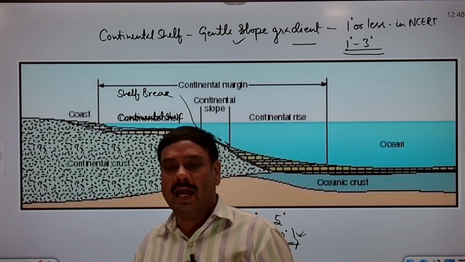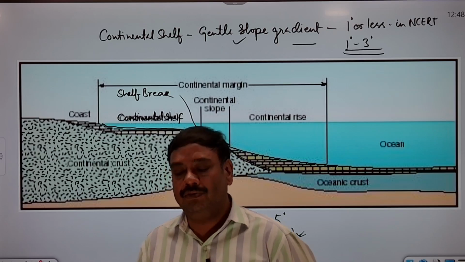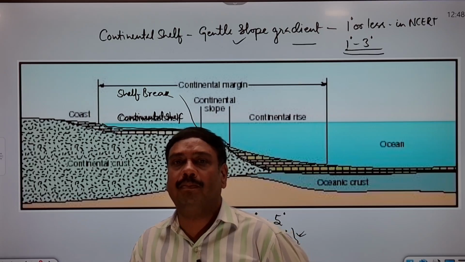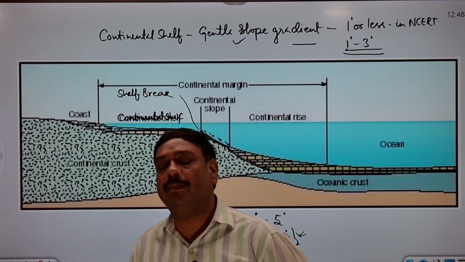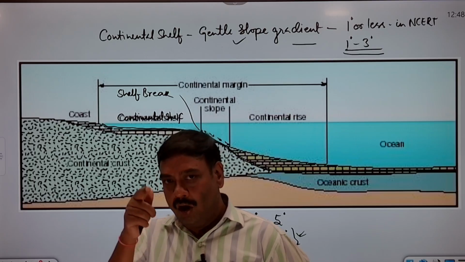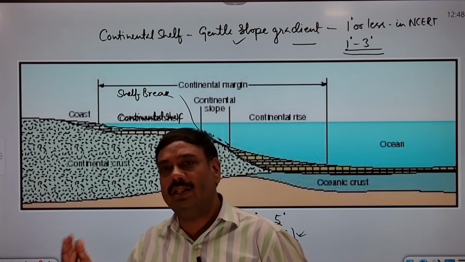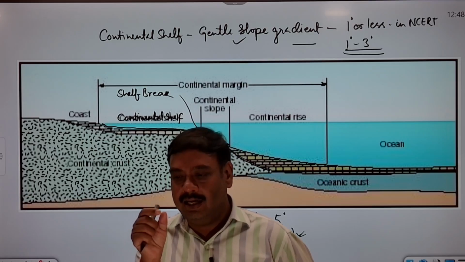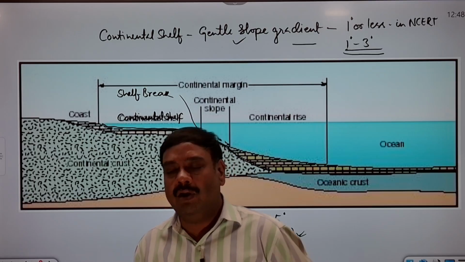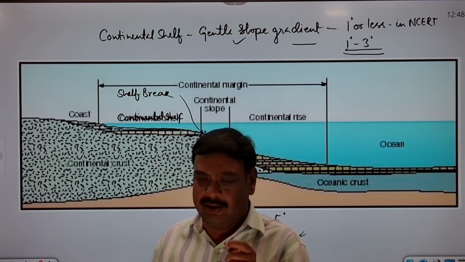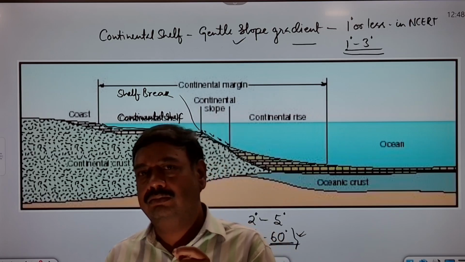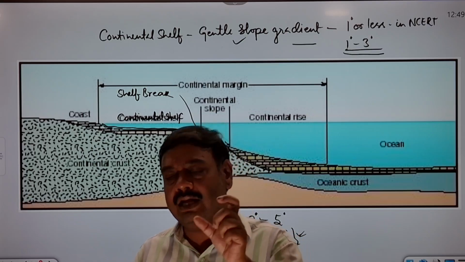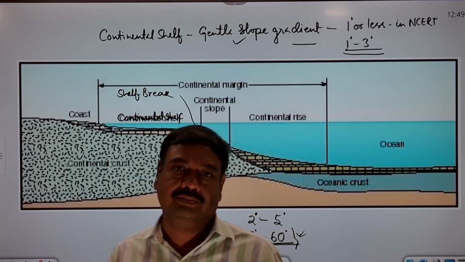Now, what I am supposed to say is, if you see your map, along the margins of the continents, at one side you can find that this line of white color is a little wider, while along some of the margins you can find that the white color line is very narrow, and somewhere it is almost absent.